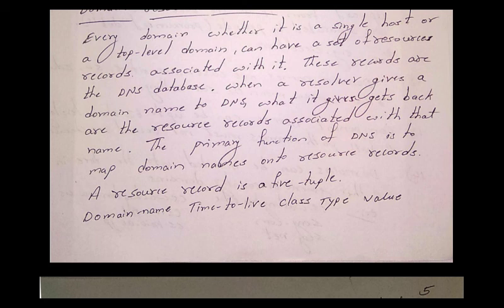So this is all about resource records. The value field can be either a number, a domain name, or any particular ASCII string. Okay, we will stop it here.